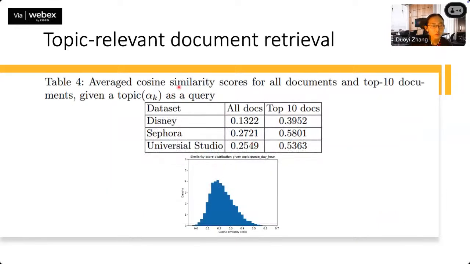Okay, now we have obtained the topic words for each method. In step 2, our goal is to retrieve the top M documents given each topic. Here we only choose the top 10 documents for each topic. Someone asked why we use cosine similarity.